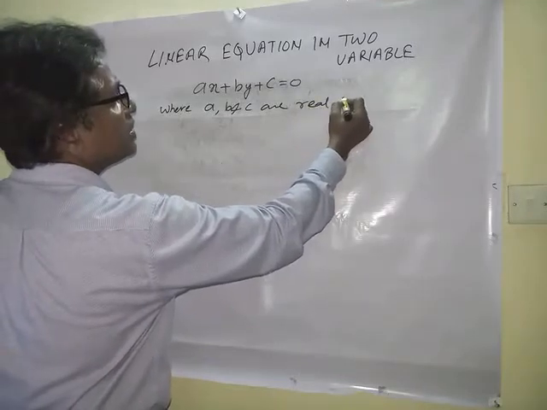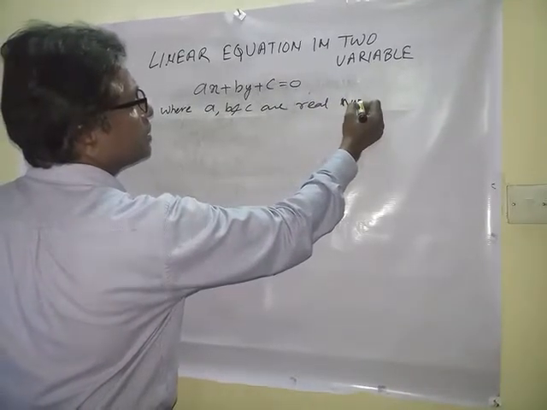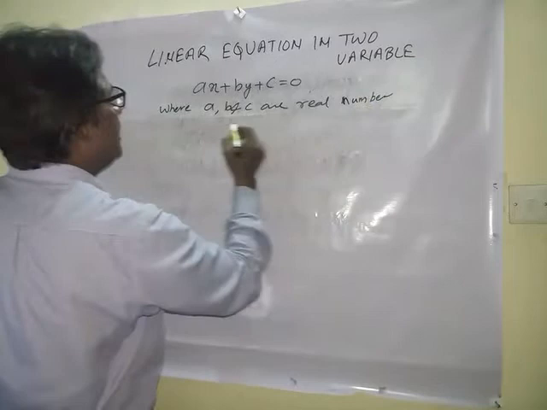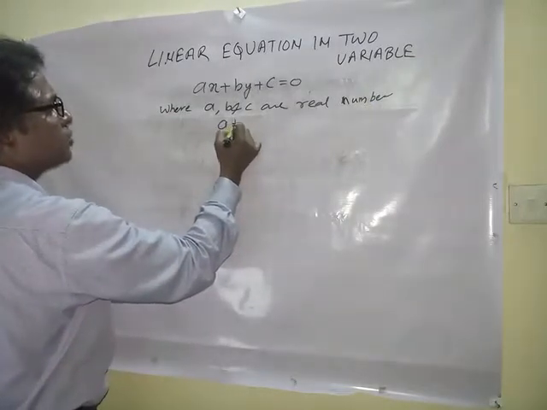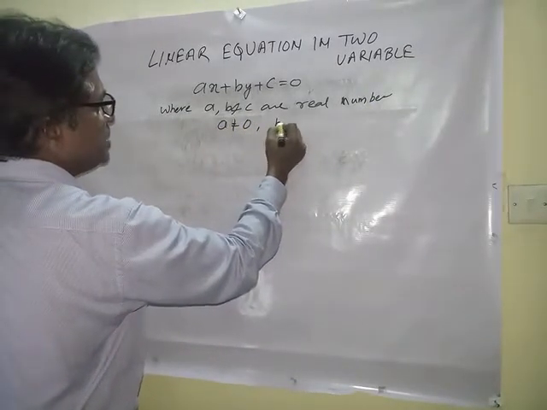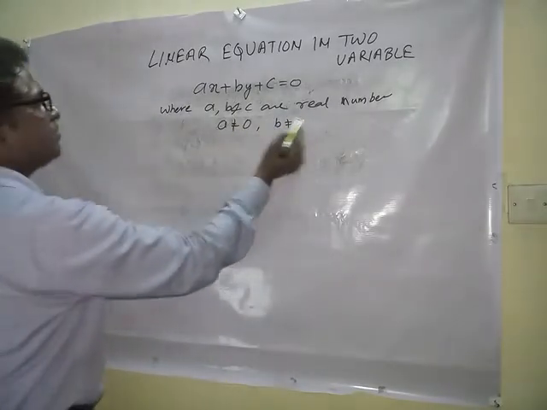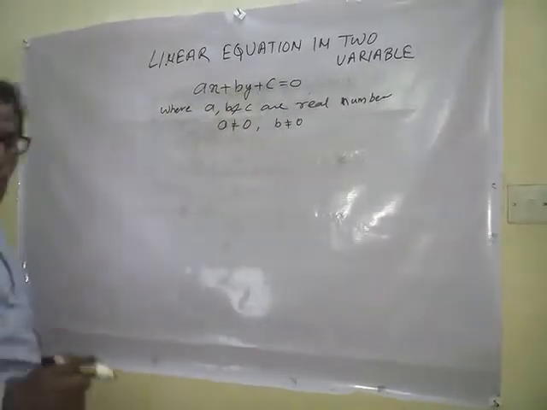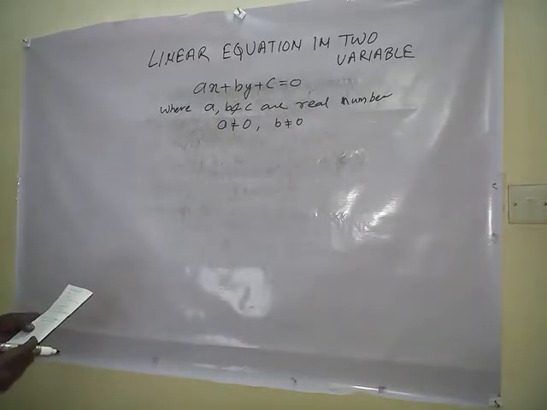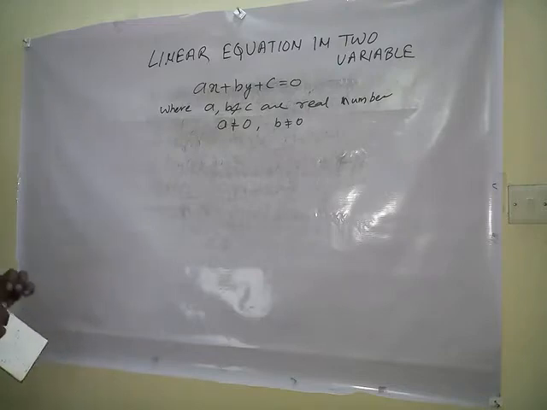There is one condition: a is not equal to 0 and b is not equal to 0. Because if anything becomes 0, then the second variable will go away. So that is the condition for the linear equation.